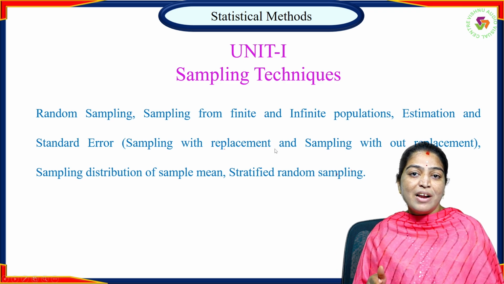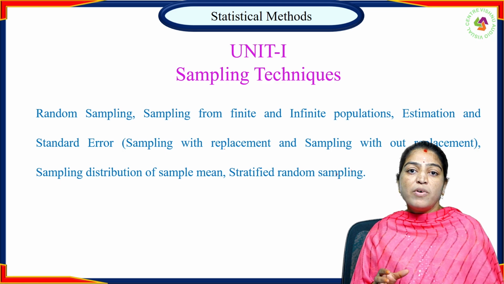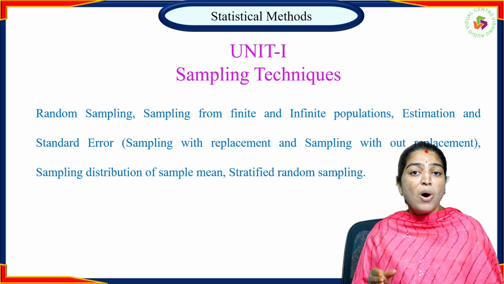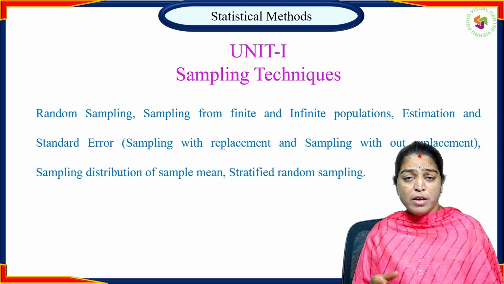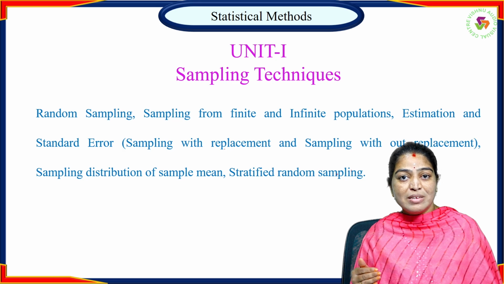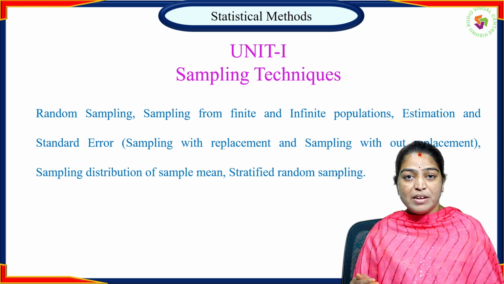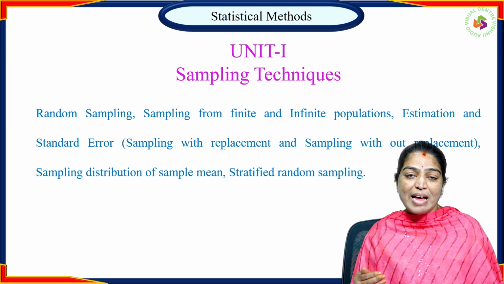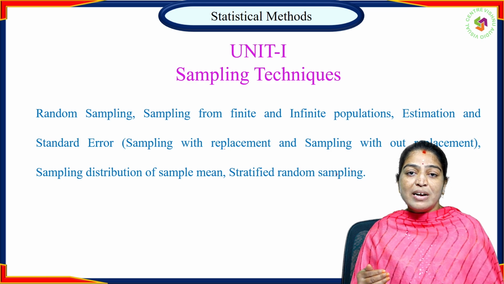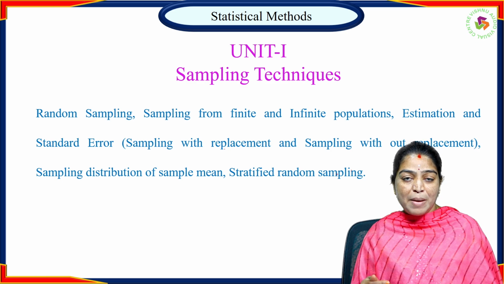The meaning itself shows that random means the observations are not in a systematic way. Whenever observations are in a systematic way, that is a systematic pattern. If the observations are not in a systematic way, that is the random pattern. So when we select the sample in a random manner, it is called a random sample.